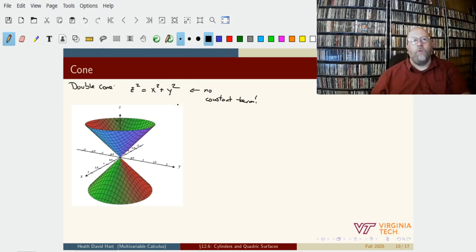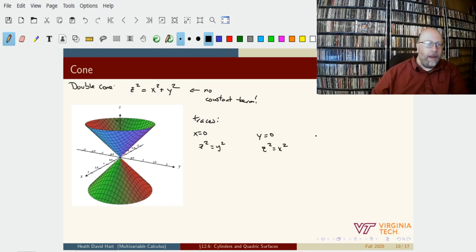And so what happens is when I start to look at the traces, my traces are, if I leave out x, say x equals 0, I get z squared equals y squared. If I look at y equals 0, I get z squared equals x squared. And if I look at z equals 0, I get 0 equals x squared plus y squared. Z squared equals y squared, because both sides are squared, I could take the square root of both sides, and I just get z equals plus or minus y.